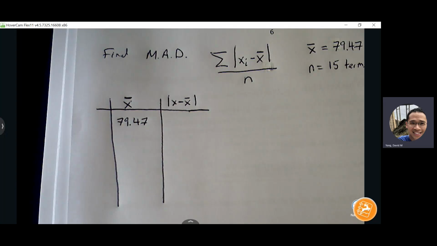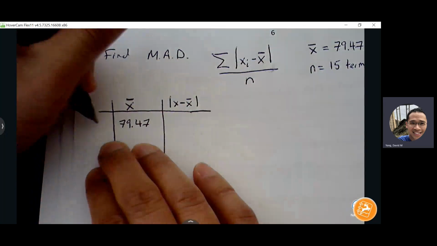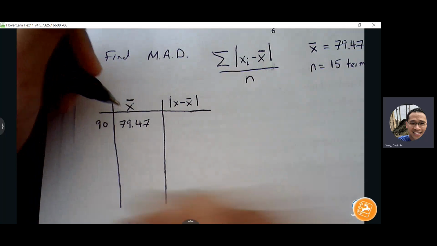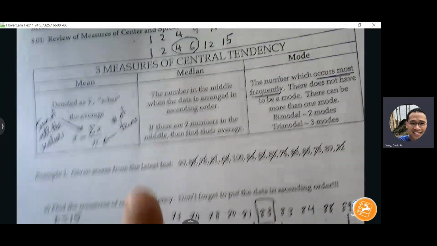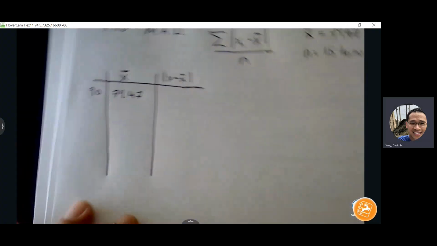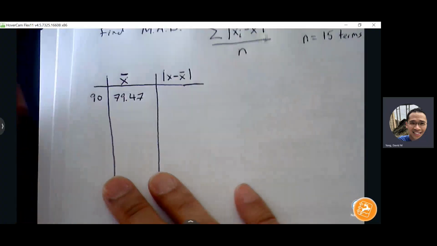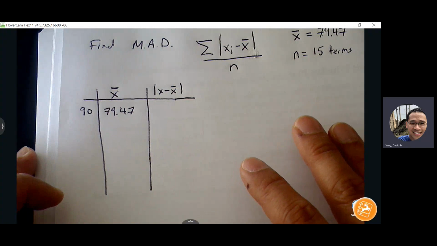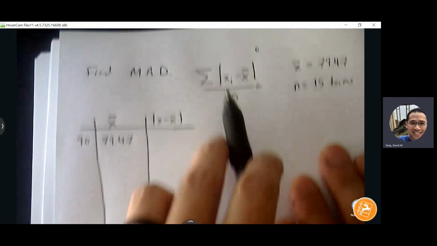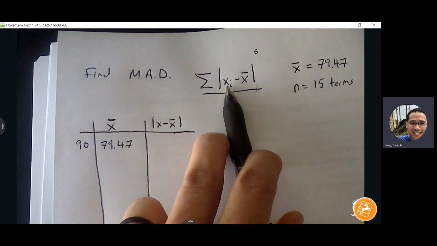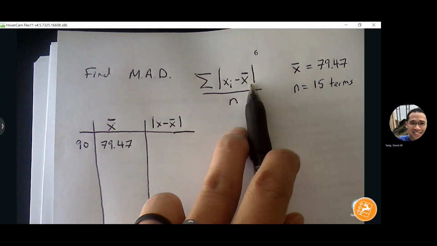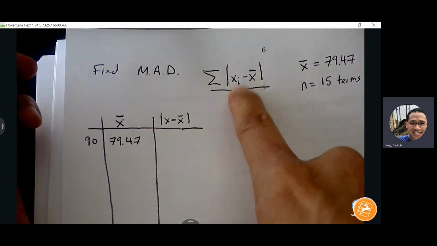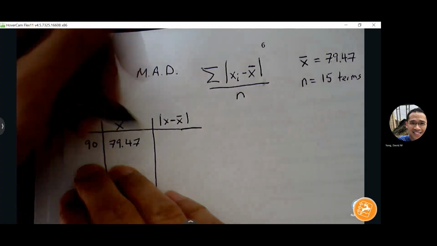They don't have to be in order, or they can be in order. I'm just going to put them down based off of example 1 here that we have. Is there a difference between X i and the mean? Yeah, X i just means each of the terms. So every term needs to be involved with the mean. Yeah. So that means first term, second term, third term.